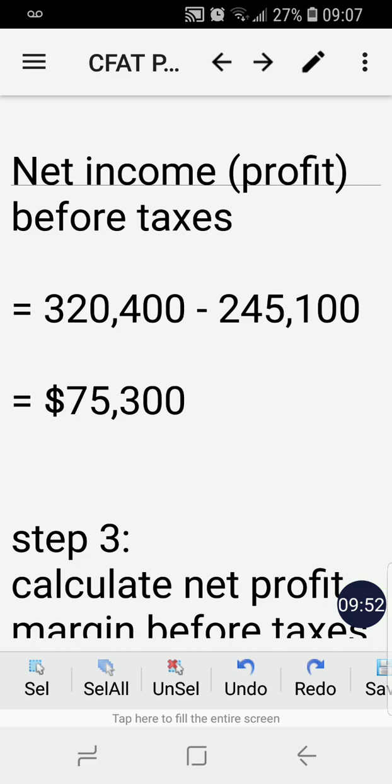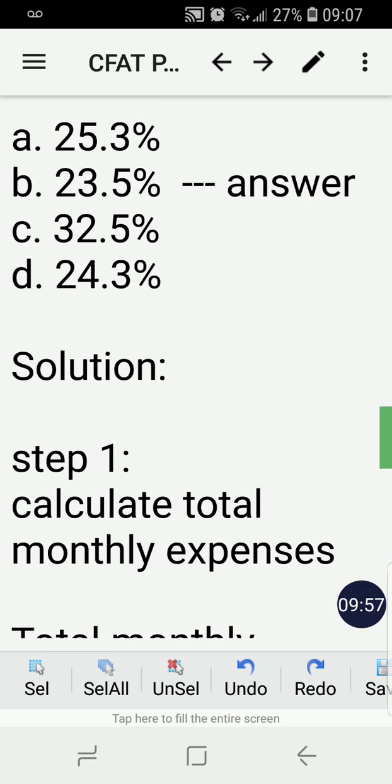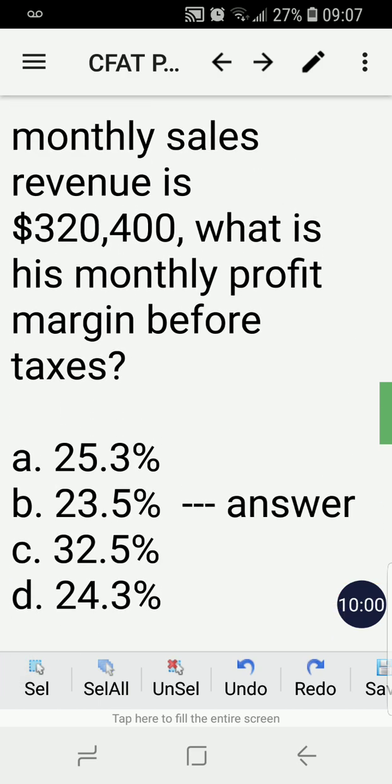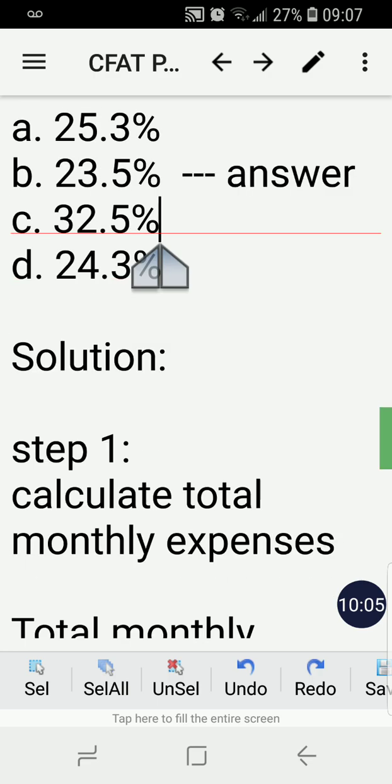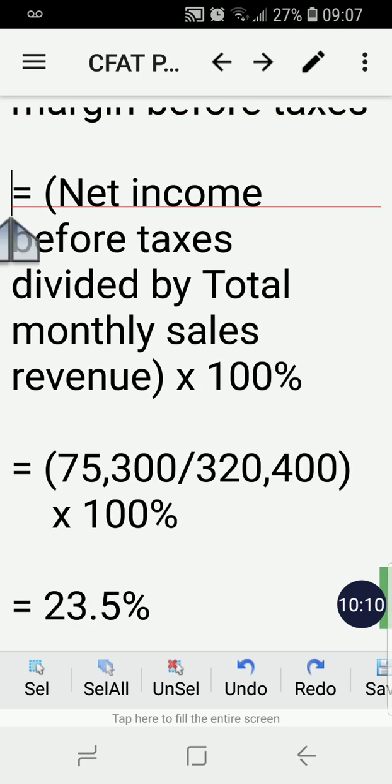We know our monthly sales revenue as 320,400. So then we substitute into the formula: net income before taxes divided by total monthly sales revenue, times 100%.